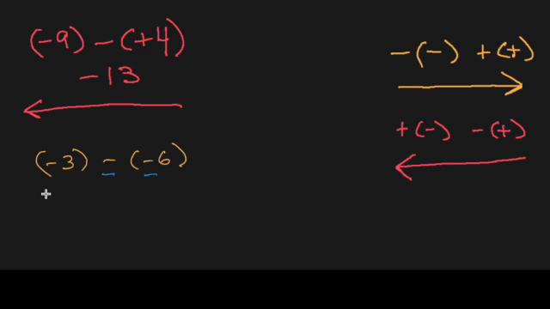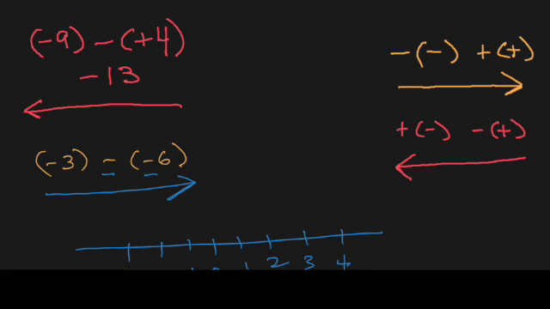So our integer is going to move to the right on the number line, meaning that we start at a -3. If we want to take a look at this on a number line, so here's our number line, 1, 2, 3, 4.